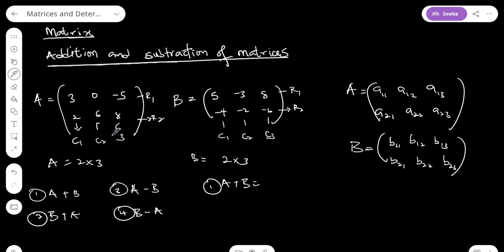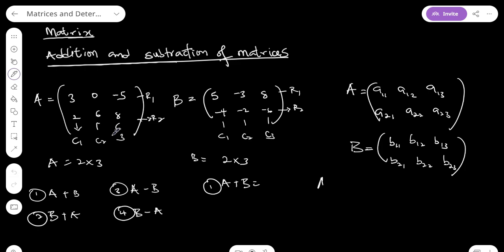Remember, these subscripts indicate the position of each element. For example, B11 is in the first row, first column. B12 is in the first row, but second column.